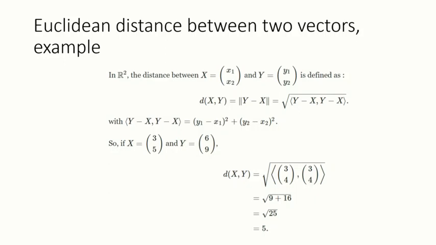If you have x with coordinates x1, x2, and y with y1, y2, the distance between them is, okay, y1 minus x1 squared and so on, but in the end it is just x minus y or y minus x, then take a norm.